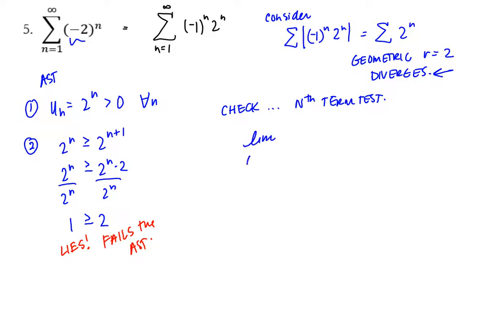The limit, as n approaches infinity, of negative 2 to the power n. The limit here is infinity or negative infinity, right? Kind of depends on whether your infinity is positive or negative in the exponent. The point is that this limit, whatever it is, infinity, negative infinity, or doesn't exist, is not equal to 0. And if the limit's not equal to 0, we can say that the series diverges.